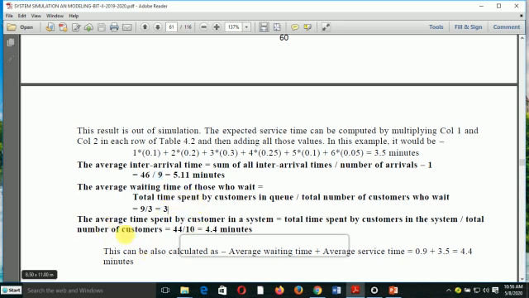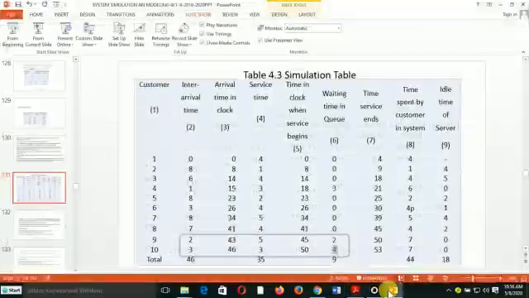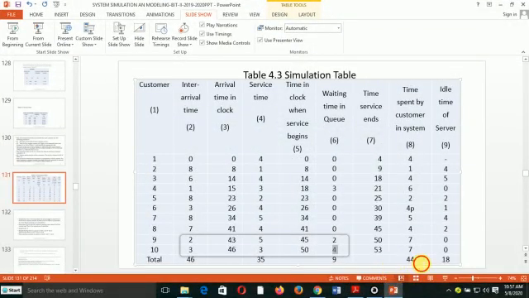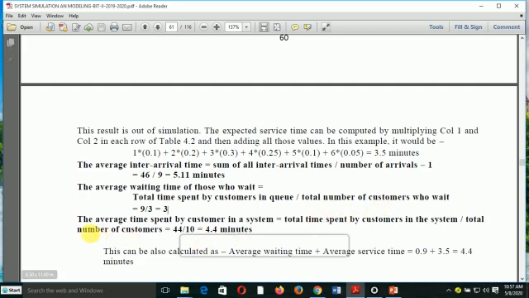For the average time spent by a customer in the system, we take the total time spent by customers in the system and divide by the total number of customers. The total time spent by the customers in the system is 44. We divide by the total number of customers, 10, and find 4.4 minutes.